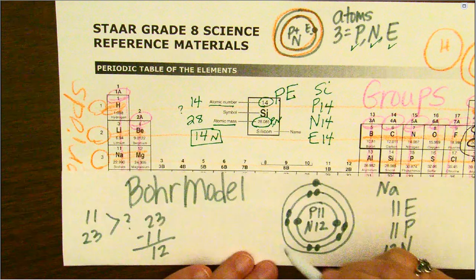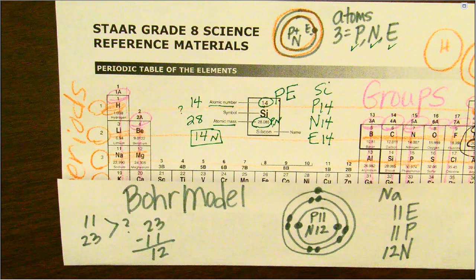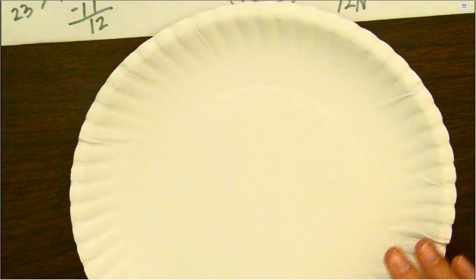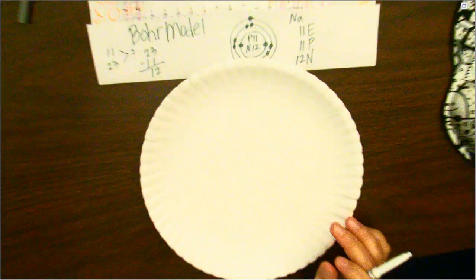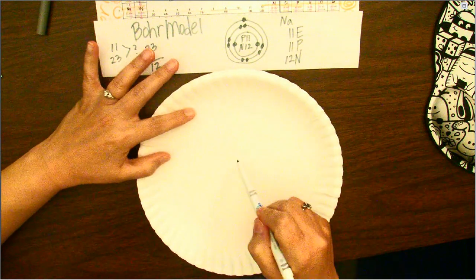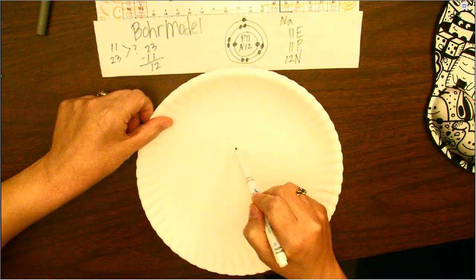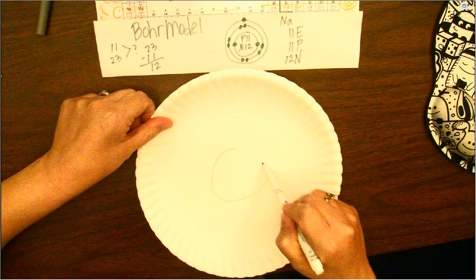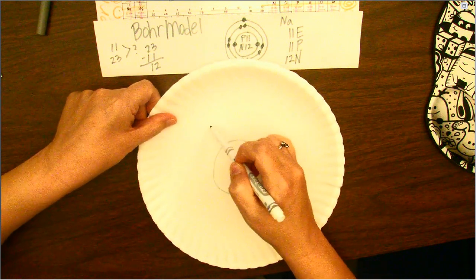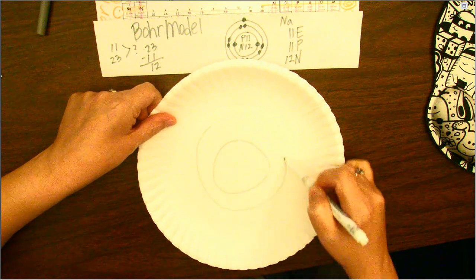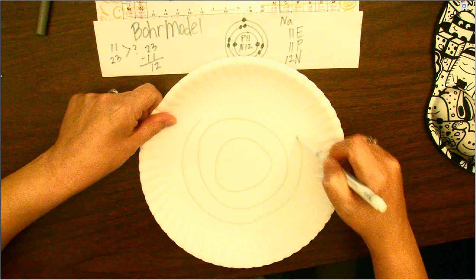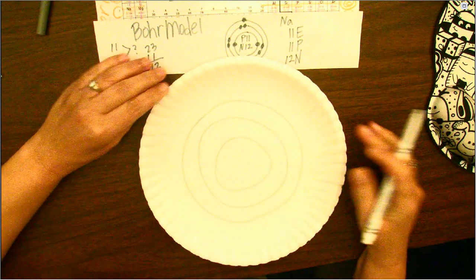So if this was the Bohr model that I'm assigned to, let me show you how you guys are going to do your model today. I know that I need to draw 3 energy levels. So I'll do one here. And hopefully you'll take more time than I'm taking because I'm just trying to do this quick to show you. I want yours to look way better than mine. Okay.